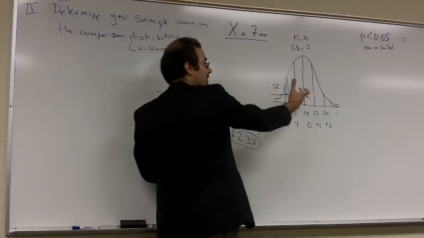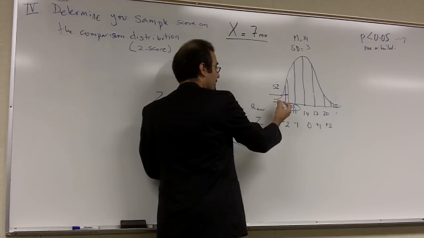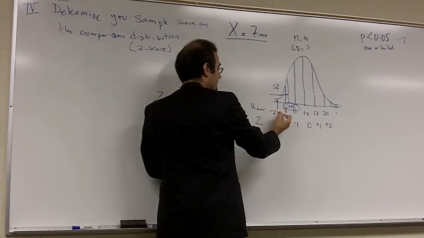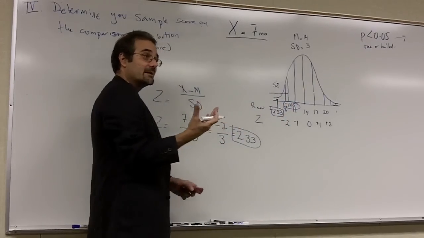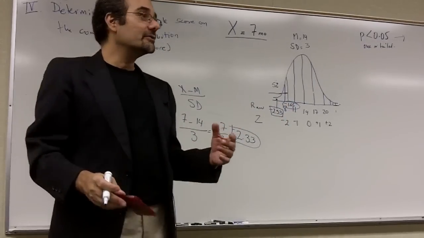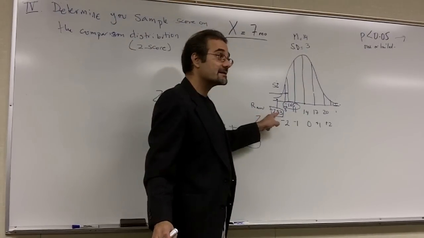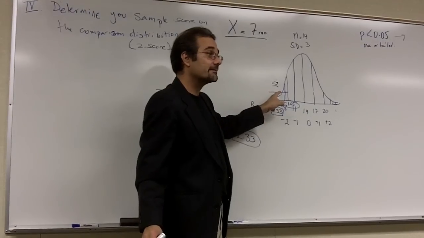And now you plot it into your comparison distribution. That single baby score actually comes from right here, and it is minus 2.33. Oh, wow. OK, so it's pretty extreme. What this is telling you is the likelihood of us having picked that baby by chance is quite less than 5%.